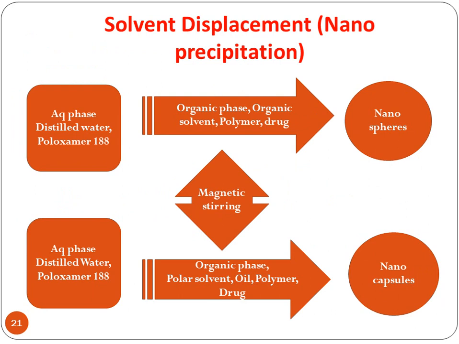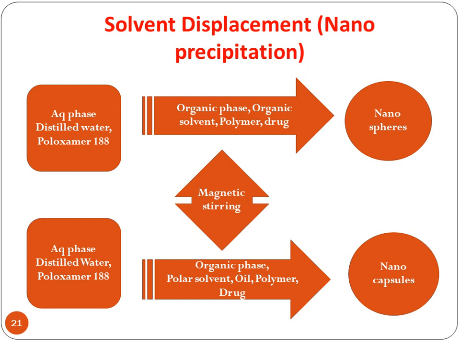And the third method is solvent displacement. It depends upon whether we want nanospheres or nanocapsules. If we go for nanospheres, then in the first phase we take the aqueous phase, distilled water and poloxamer 188. In the second half we take the organic phase: organic solvent and polymer. These are mixed with the help of magnetic stirring, and the nanospheres get precipitated out.